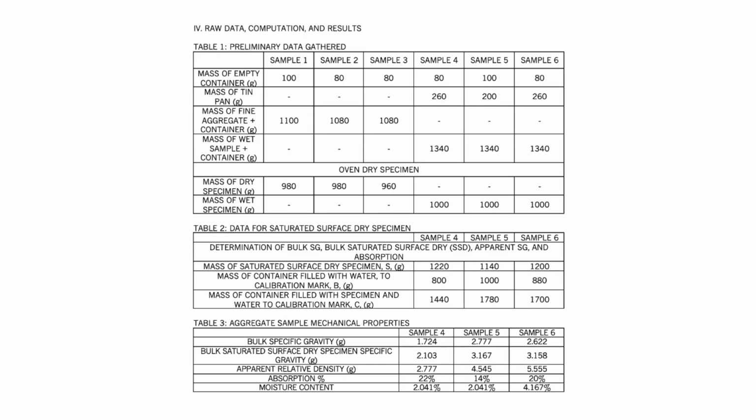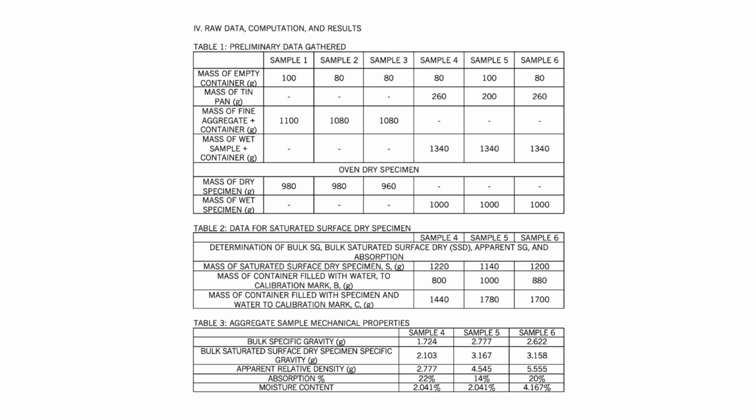Table 1 displays the masses of empty containers consisting of 2 containers weighing 100 grams each and 4 containers weighing 80 grams each. The table also includes the combined masses of the specimens and containers, which range from 1,080 grams to 1,340 grams. Additionally, it provides the masses of the specimens pre-wetting and after wetting, which vary from 980 grams to 1,000 grams.